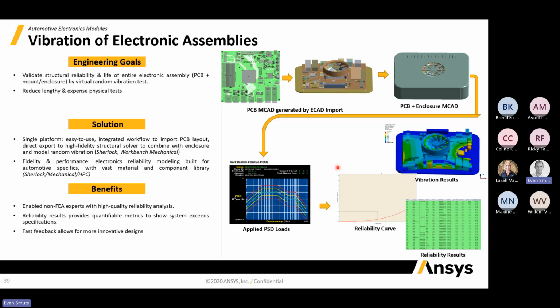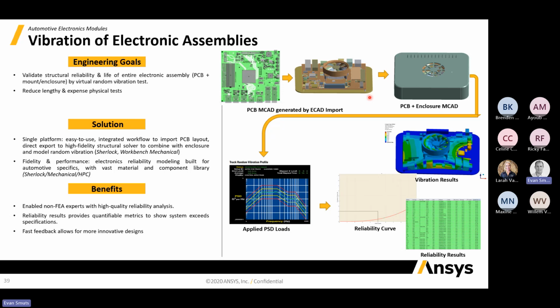Okay, so you don't need to know necessarily what an FEA mesh is. That's all handled by Sherlock in the background, and all we can do is get the results for our reliability analysis. However, if we do want to add some more complexity to our model, maybe we need to consider the actual structure around our PCB. Maybe there's specific mounting points that we need to consider.